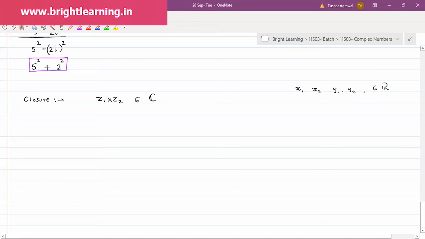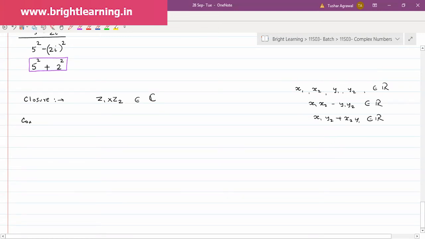I can definitely say, sir, that whatever combination you are doing, x1 x2 minus y1 y2, the real part of the product, is a real number, and the imaginary part of the product, x1 y2 plus x2 y1, is also again a real number. So z1 and z2, pick up any two complex numbers, their product will be a complex number.